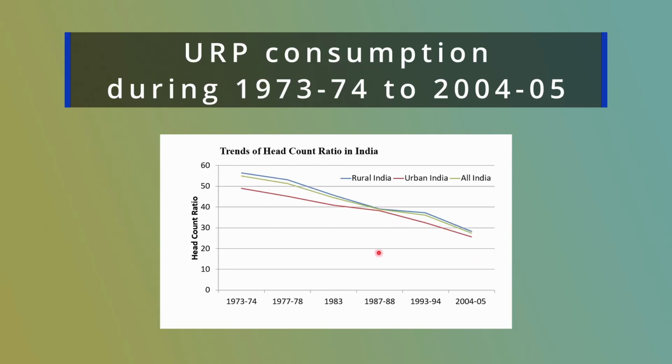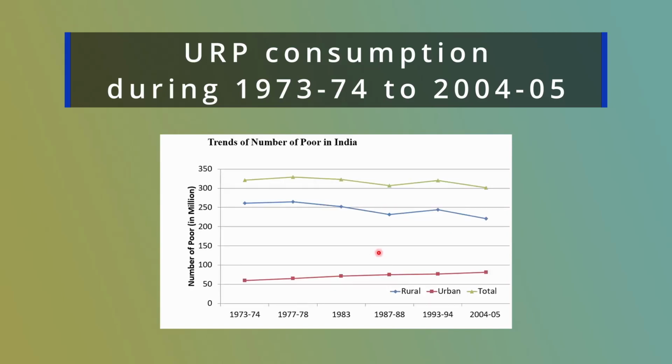All the head count ratios, either urban or rural, gradually decreased during this time period. But if you consider the trend of the number of poor, then we noticed that the number of urban poor gradually increases during this period, whereas the number of rural poor seems to have declined. That is, there is a contrasting feature in the trend of the number of rural poor and the number of urban poor.